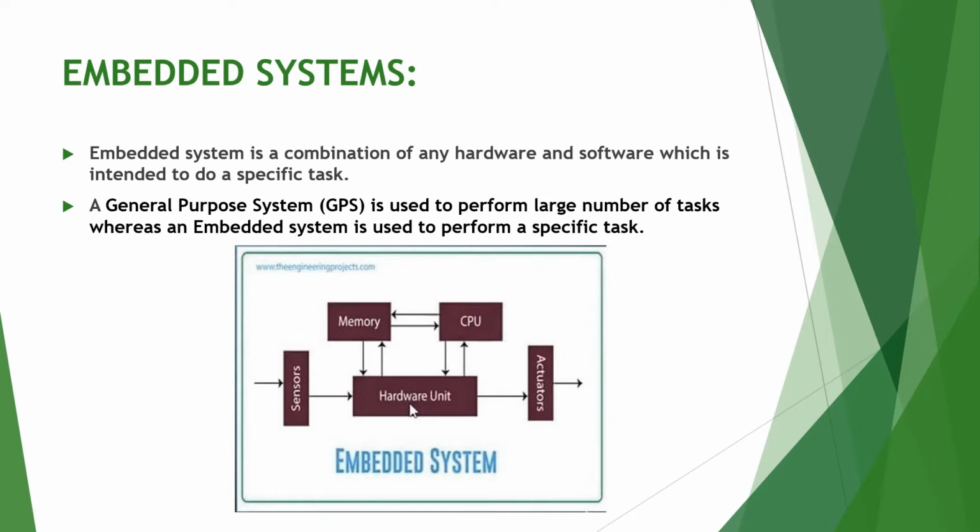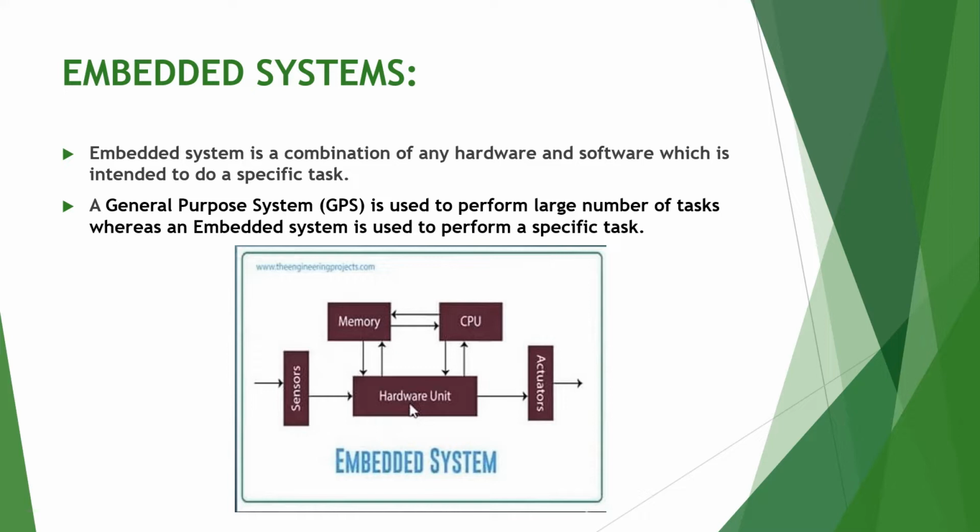Let's see what an embedded system is, because our project mainly depends on embedded systems. We all know that embedded systems are used only for performing a specific task. If a device or platform can do a large number of tasks, then it comes under a general purpose system.